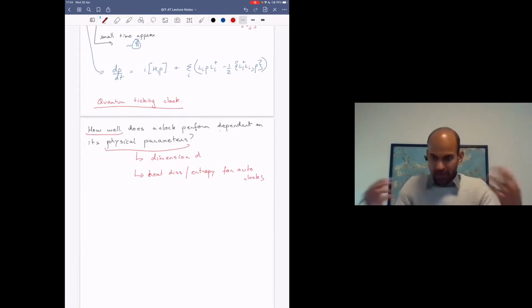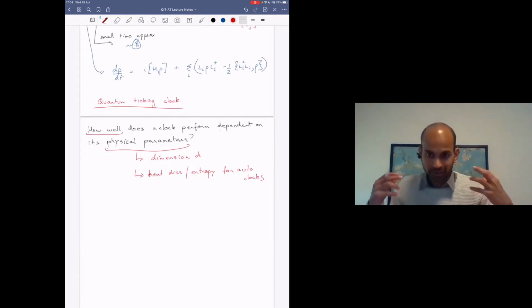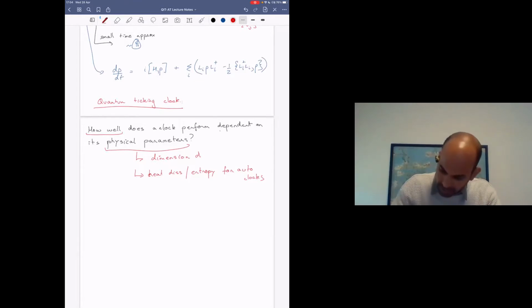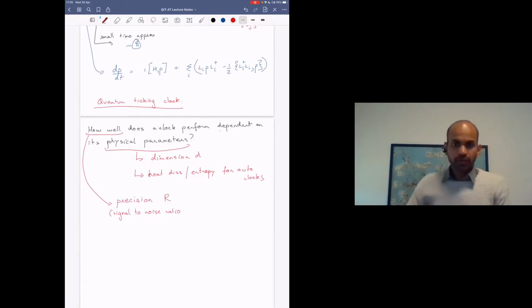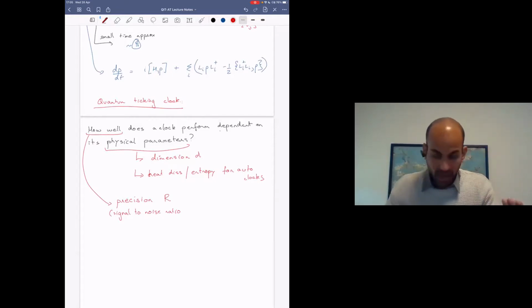There are various ways of calculating or characterizing how accurate a clock is. And the manner which we are going to discuss in this lecture is via the precision, or alternatively, essentially a form of signal to noise ratio, R. Okay, so the fundamental question at the heart of this research is how well clocks can do dependent on the actual physics.